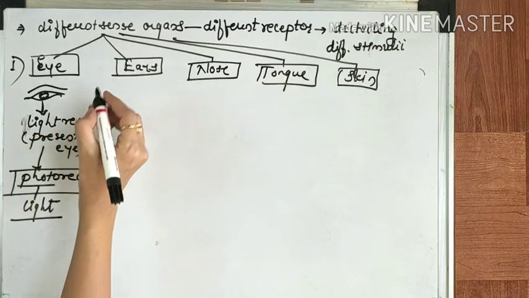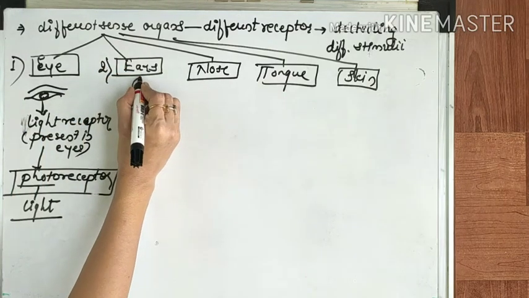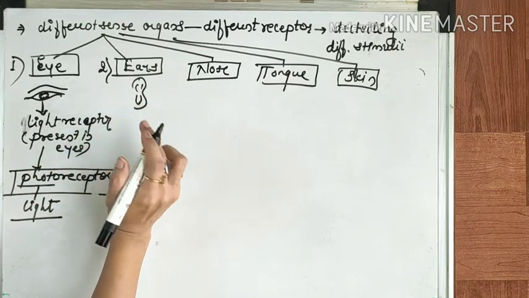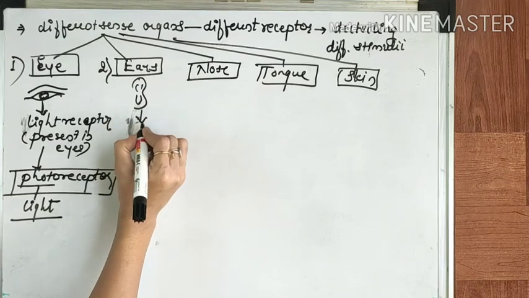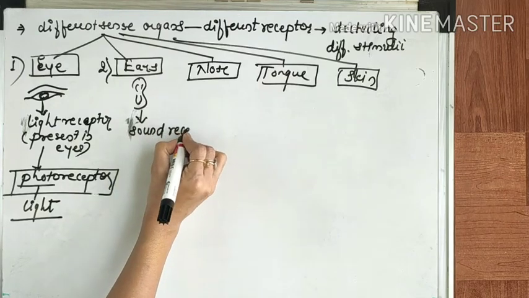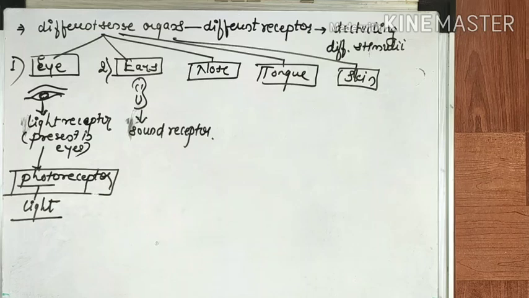Okay, now second is the ears. The ears have a sound receptor.